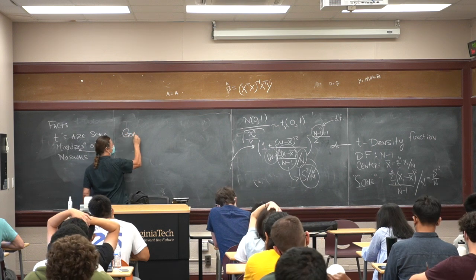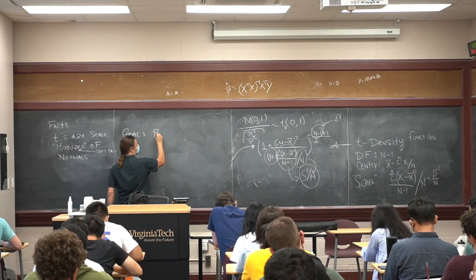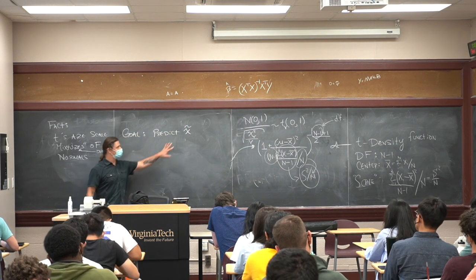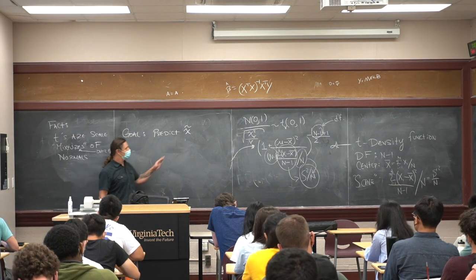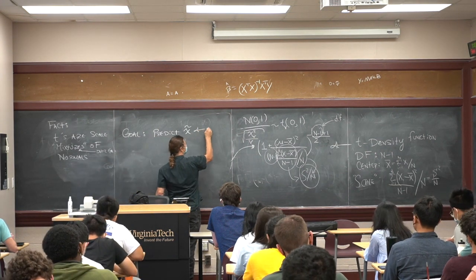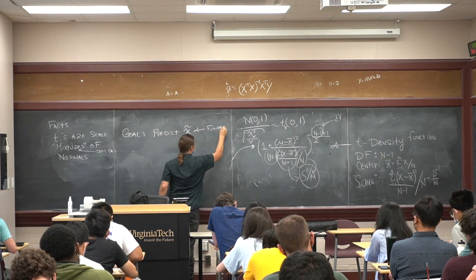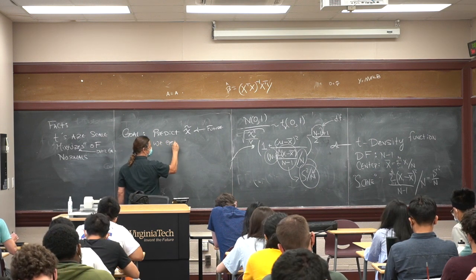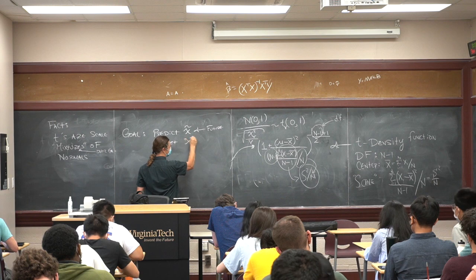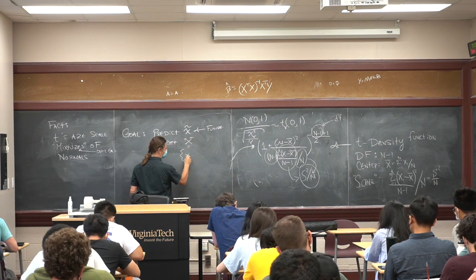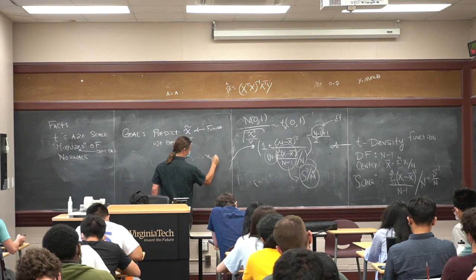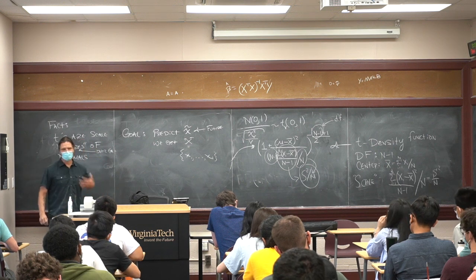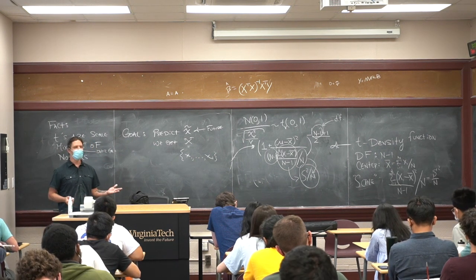So our goal is to predict. I'm going to talk about some data point. I don't get to see it. I want to predict what a future data point looks like. This is the future. And what we get to see is data, x1 to xn, where all of these xi's, and I'm going to teach you in the IID case how to do this, but there's no real fundamental difference in a non-IID case.